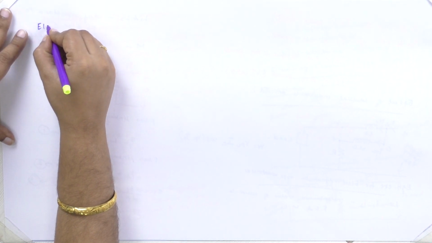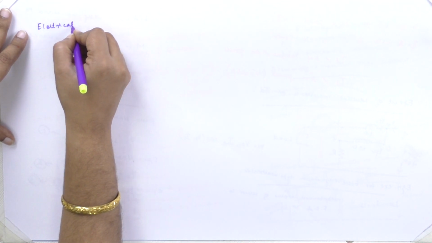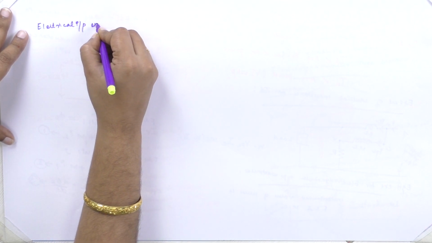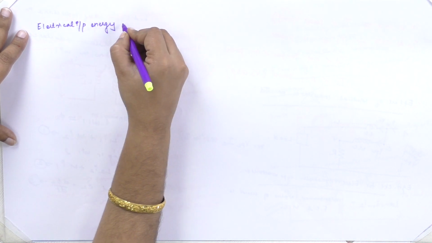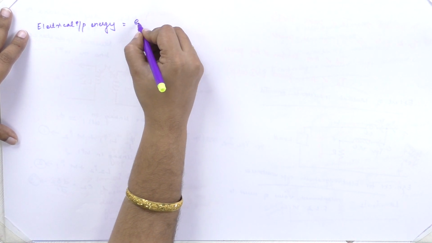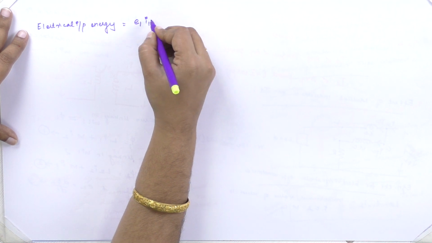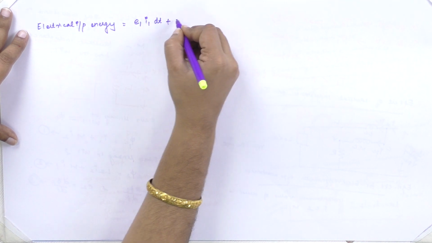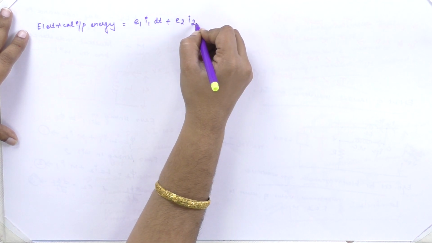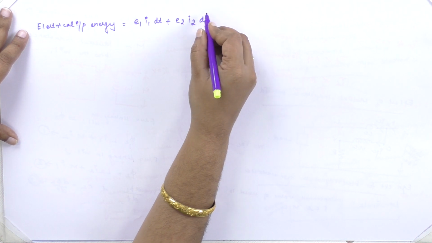So the total electrical input energy is equal to the EMF induced in the first coil and the current flowing through the first coil, plus the EMF induced in the second coil and the current flowing through the second coil.